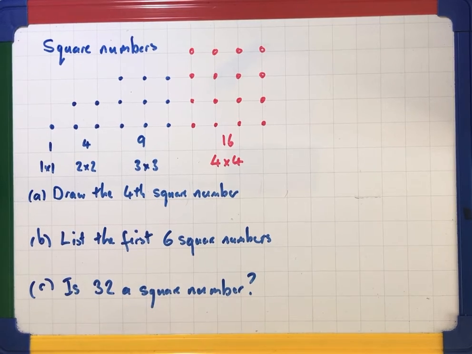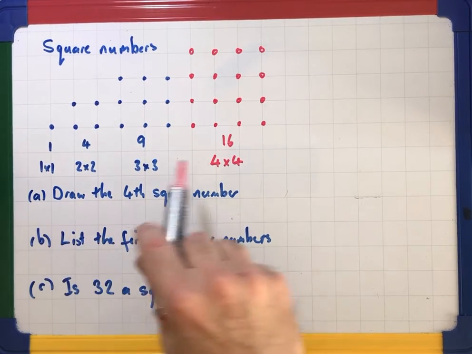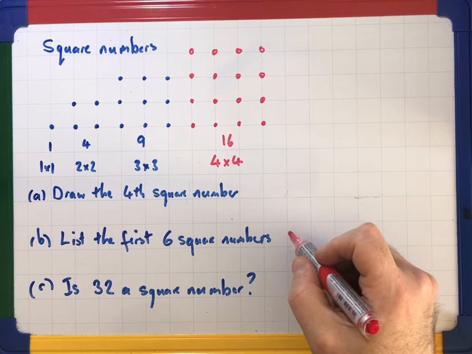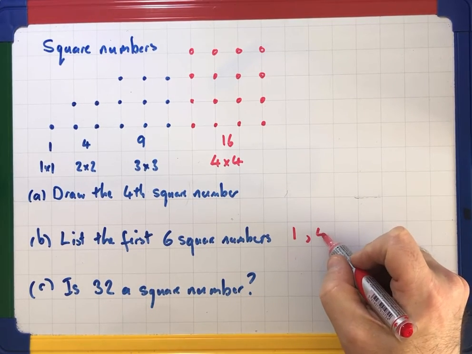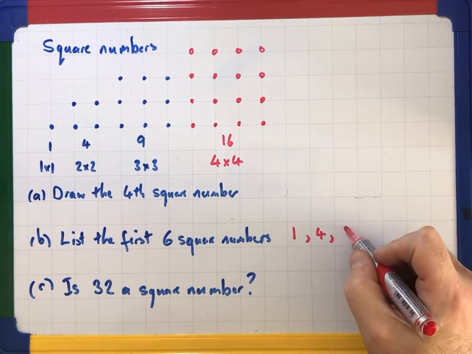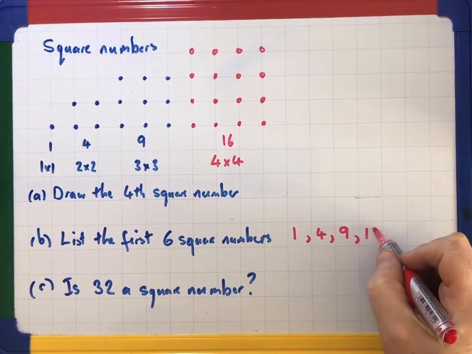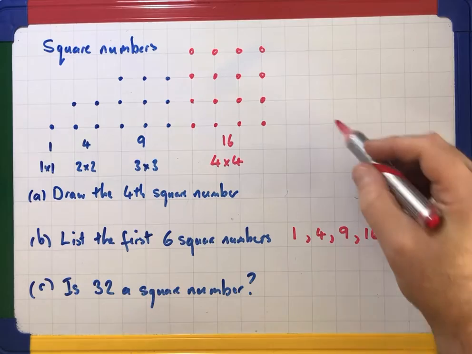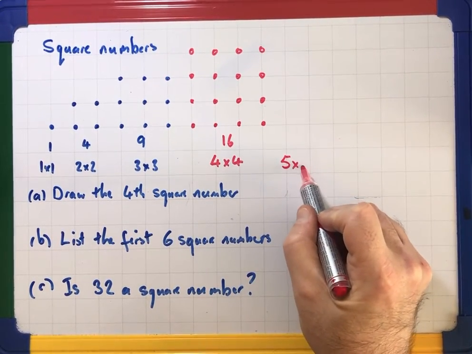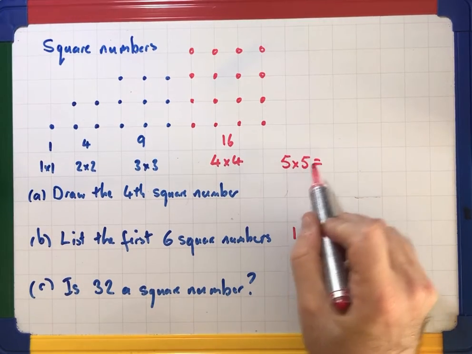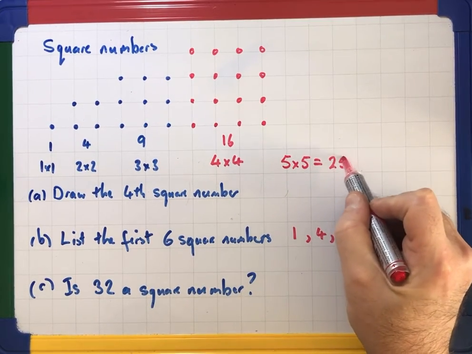It says list the first 6 square numbers. Well, we've got the first 4 of them here, haven't we? Right, so it goes 1, 4 is the second one, 9 is the third one, 16 is the fourth one. Now the next here it was 4 by 4, so the next one is 5 by 5. I don't have to draw it, I can just work it out, which is 25.